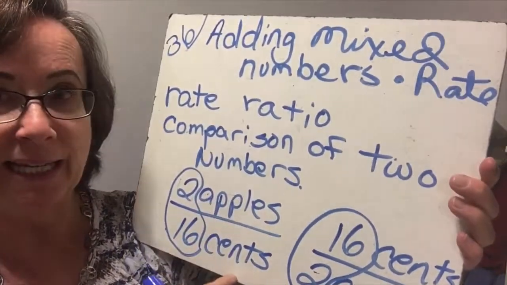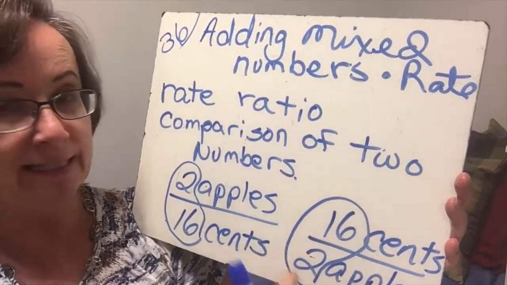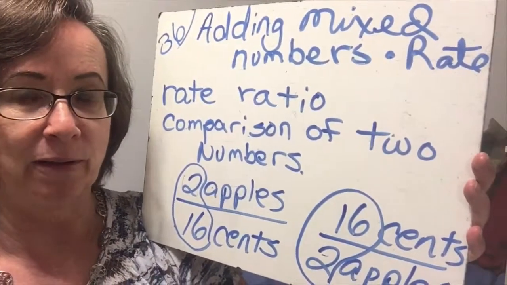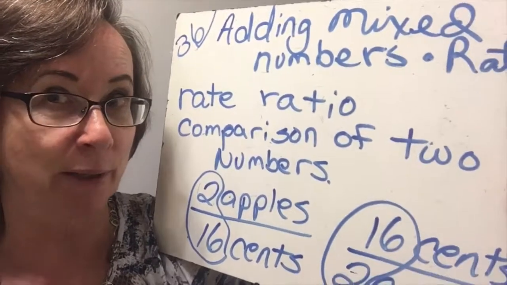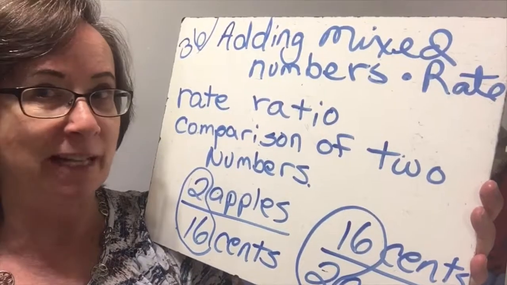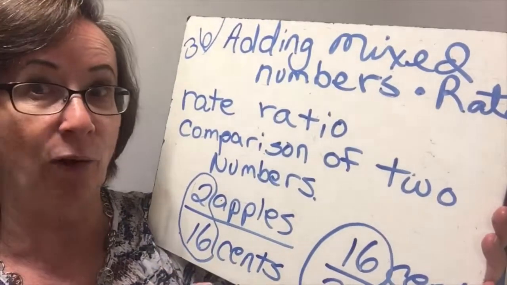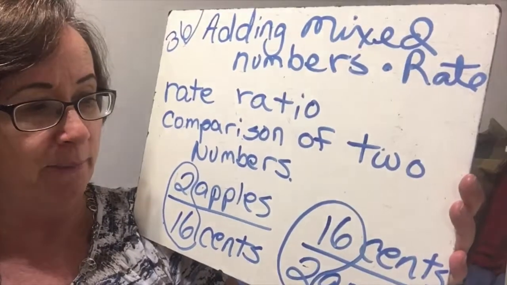Instead of putting it in a fraction, we might say here 8 cents per apple. So whenever you see a per like that, per, not like a kitty cat purrs, but a per, P-E-R, then that means for each. So 8 cents for each apple is the same thing as 8 cents per apple.